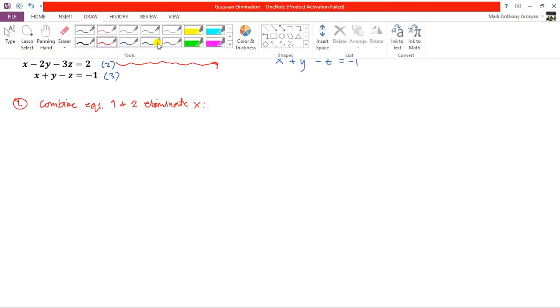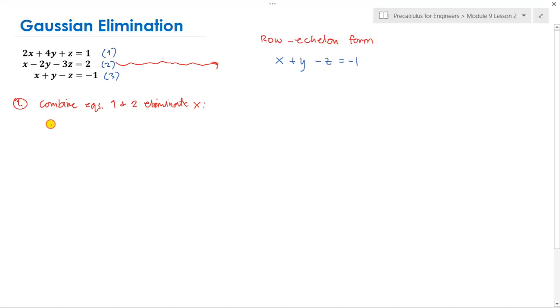So ato isulat ang equations 1 and 2. So 2x plus 4y plus z is equal to 1. Equation 2 is x minus 2y minus 3z is equal to 2. So here, in order to eliminate x, ano sa may buhatan na to?